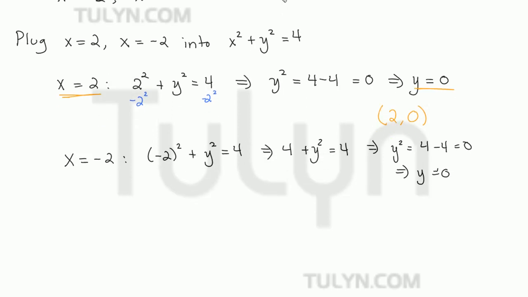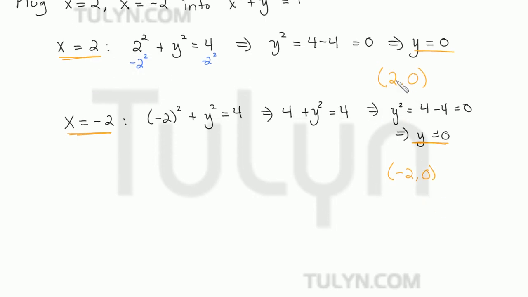So now we write the answer in terms of that ordered pair again. When x is equal to -2, y is equal to 0. So we get -2, 0. So we have these two solutions in the orange, and we can say the solutions to the system are 2, 0 and -2, 0.